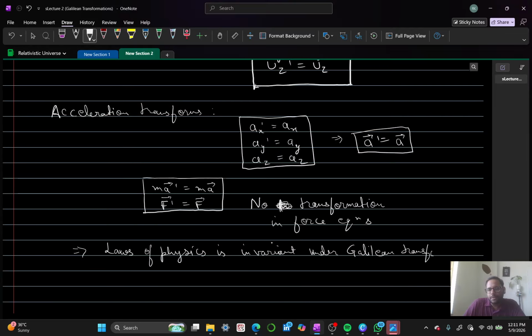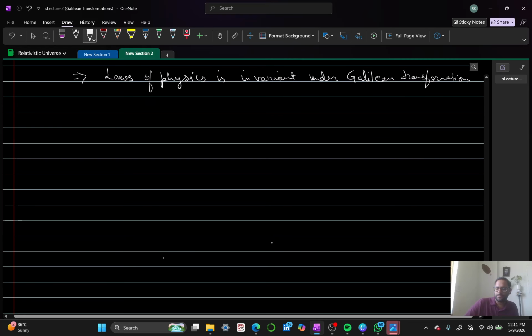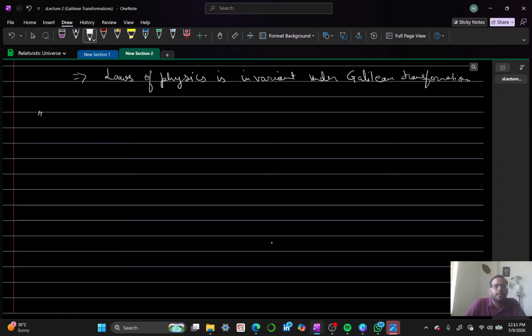Under these kinds of transformations, the laws are invariant. And this is the famous principle of relativity given by Galileo Galilei.